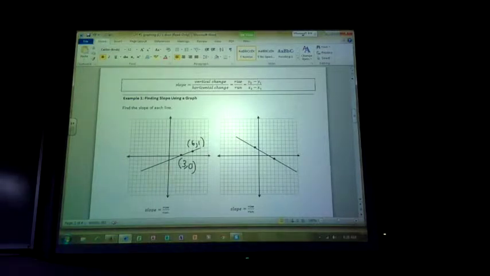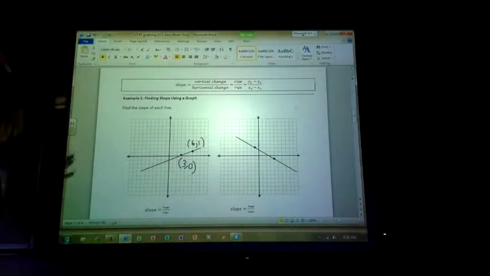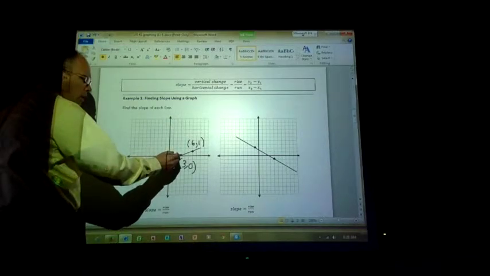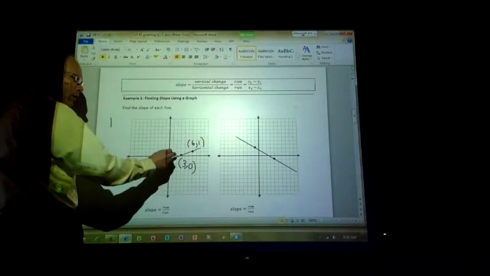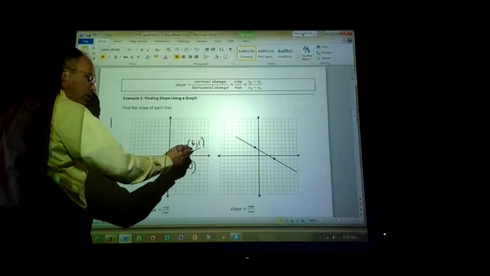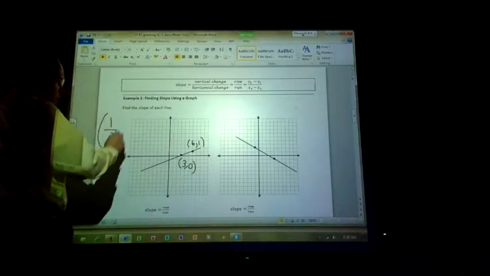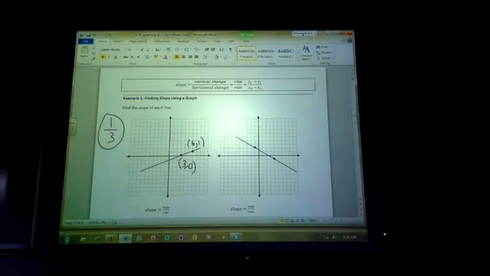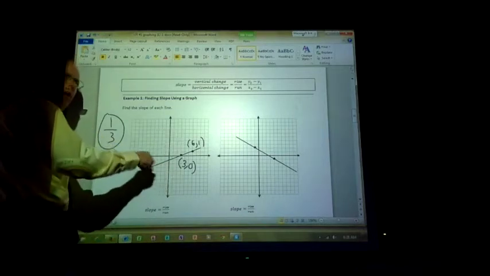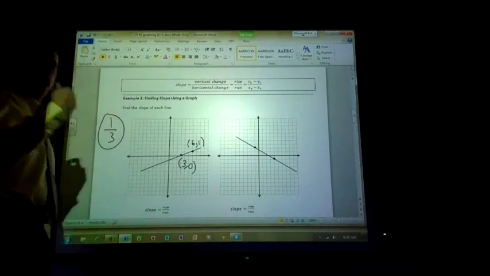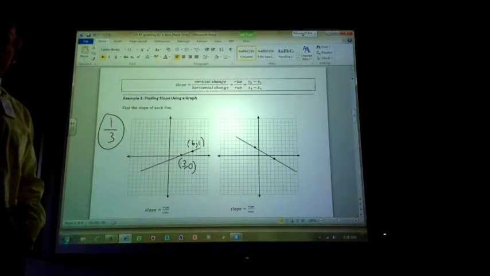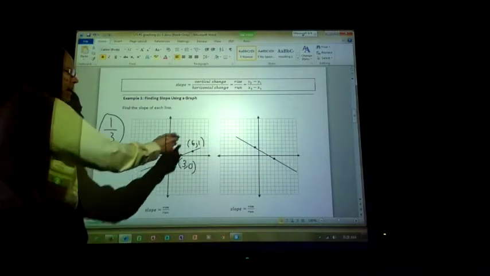Okay, so if I wanted to find the slope of this, it's the vertical change over the horizontal change. So I could say, I went up 1, and I went right 1, 2, 3. I could also pick one of the sets of points. I have to decide which one I want to label x1 and y1, and which one x2 and y2. It doesn't matter, just pick one.